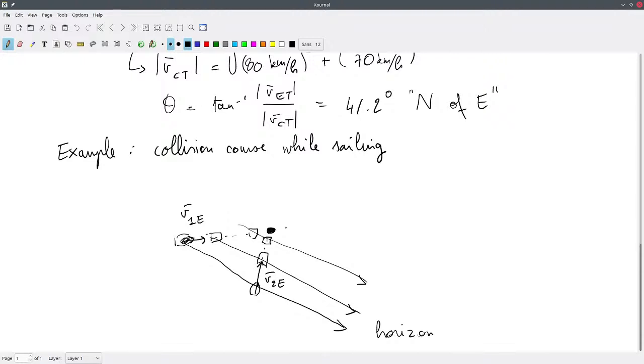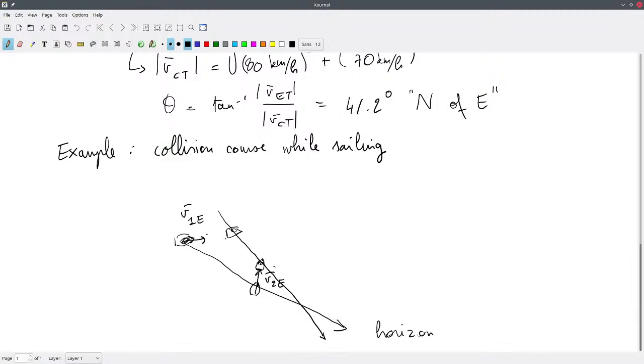If on the other hand that direction changes, let's say we remove these lines here, let's start drawing that over again. So let's say we start off now in this situation, and a little bit later this boat is here, but this boat is a lot slower and is only here. So now the direction between these two has changed.